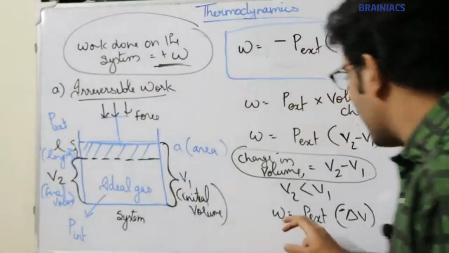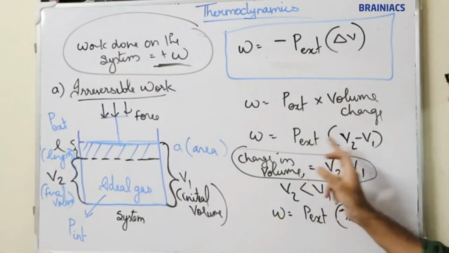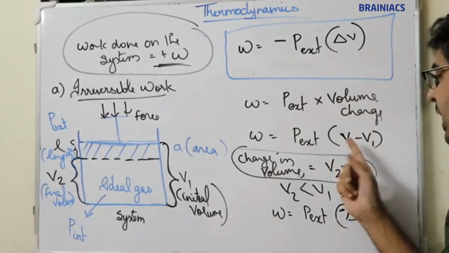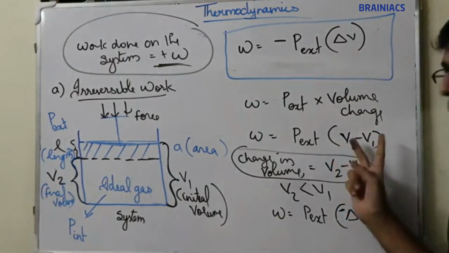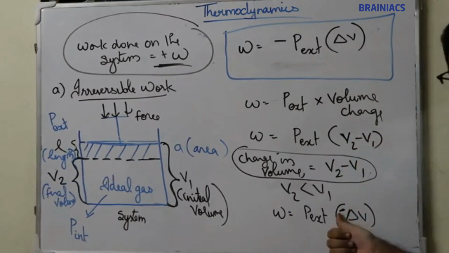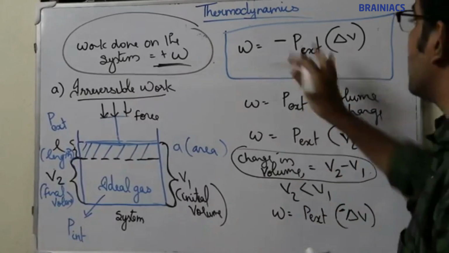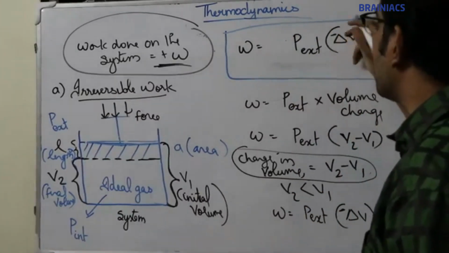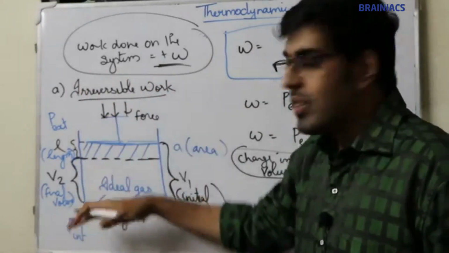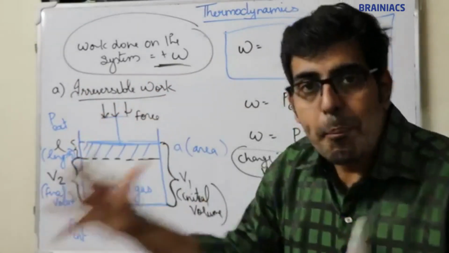Last step is, here we got W is equal to P external into V2 minus V1, right? Volume change, that is V2 minus V1. Since V2 is less than V1, we will get a minus value. V2 minus V1 is delta V, a minus value. So we will get W is equal to P external into minus delta V. Now the problem is, this is a compression work, right? Volume decreases, that means a compression work.